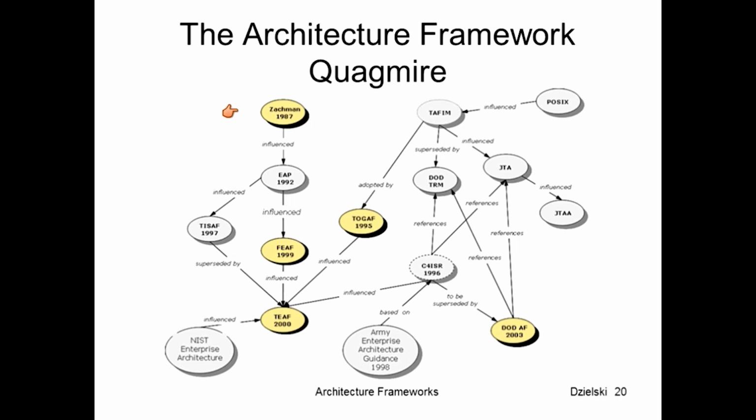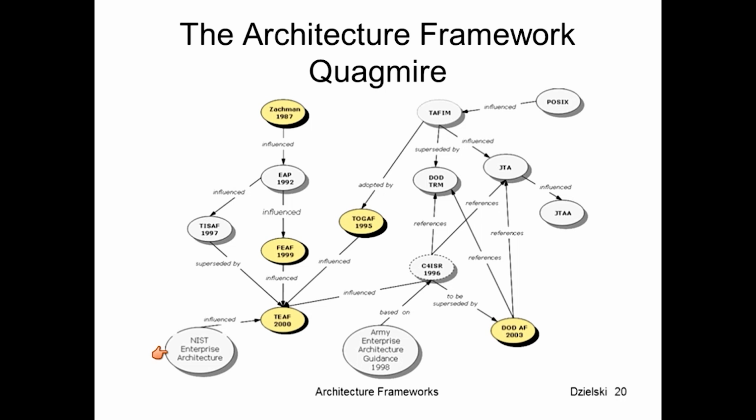the Zachman framework was seen as probably the birthplace of the modern day concept of the enterprise architecture framework. And from this, the influencing of the EAP and the TISF was influenced there, and then the Federal Enterprise Architecture Framework and Technical Enterprise Architecture Framework 2000.